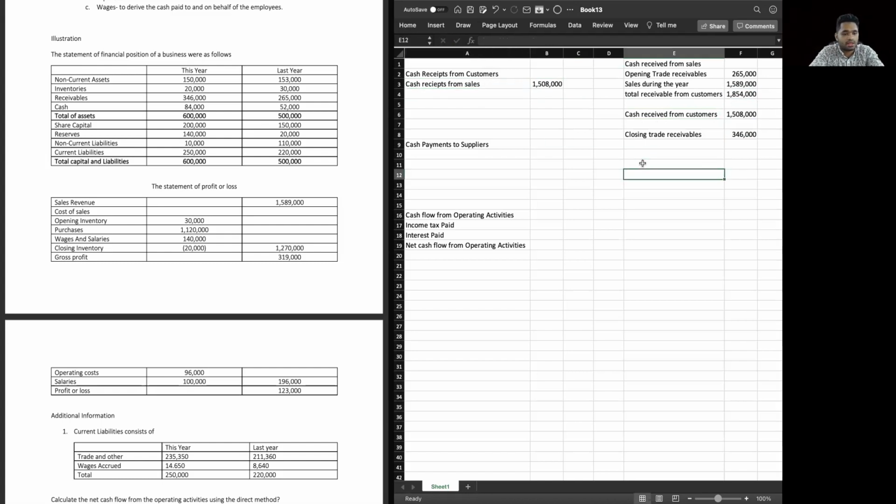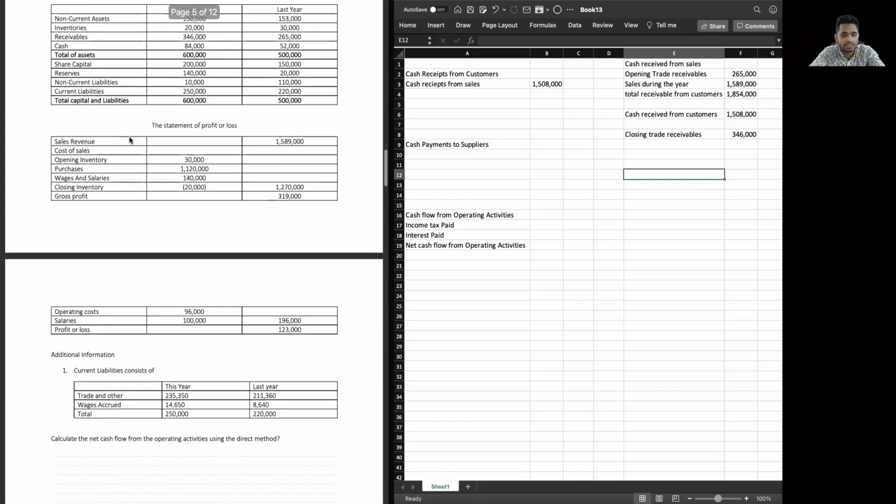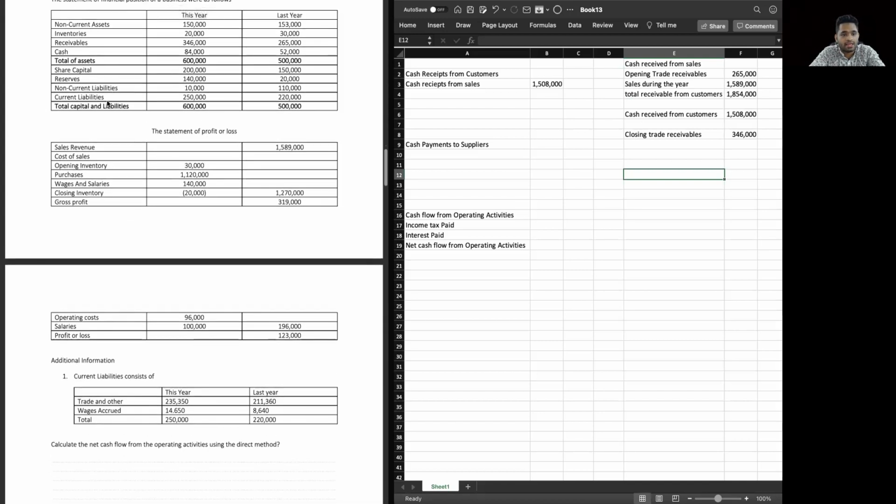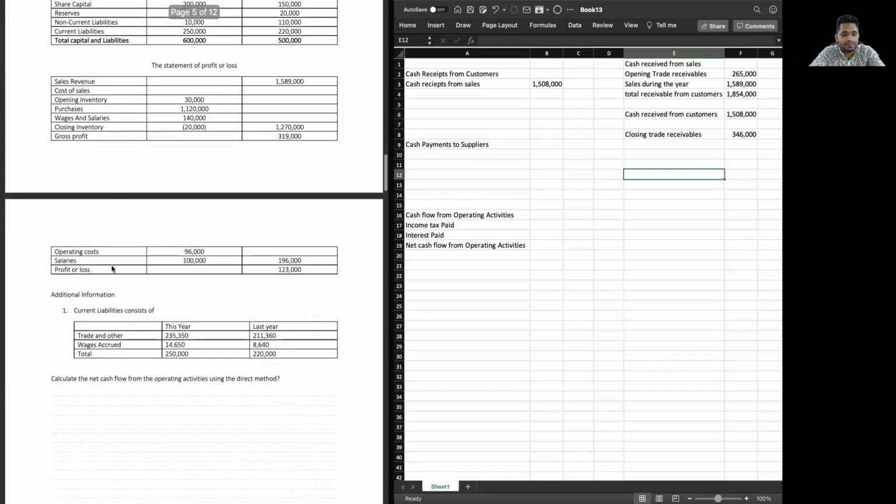Then the next component you have is your cost of sales and opening inventory. That is not a cash flow related figure. Next, you have your purchases. Now here there are going to be cash flows, which is the cash payments to your trade payables and suppliers. Now we need to see what our trade payables are. If you look at this question, they give you the current liabilities and the breakdown in an additional information.